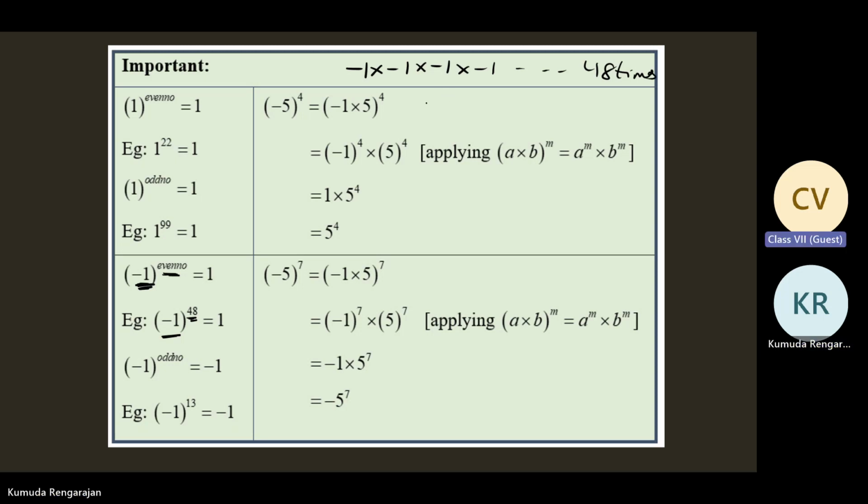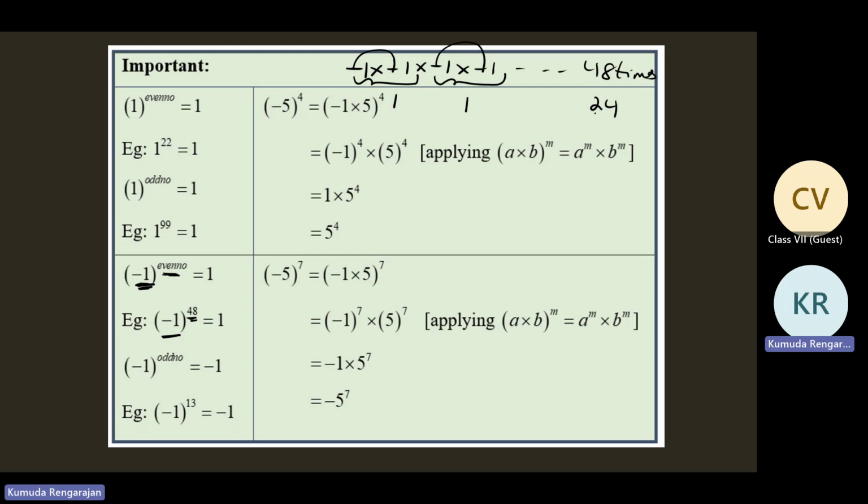So that means you can make 24 pairs, correct? Minus 1 into minus 1 is plus 1. So like this, it will happen 24 times because you would have made pairs.